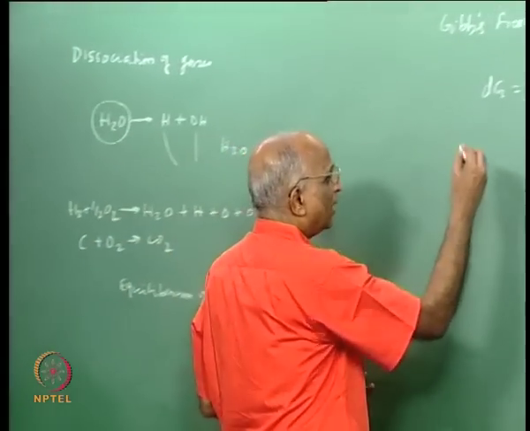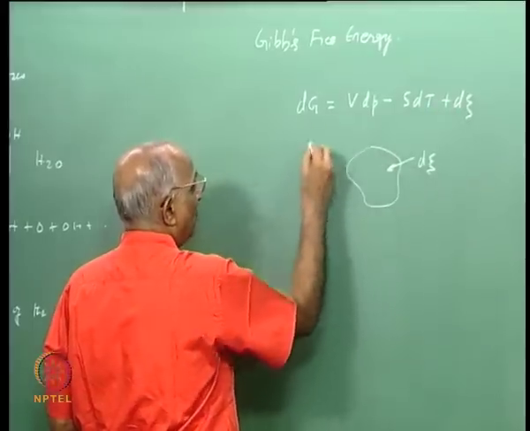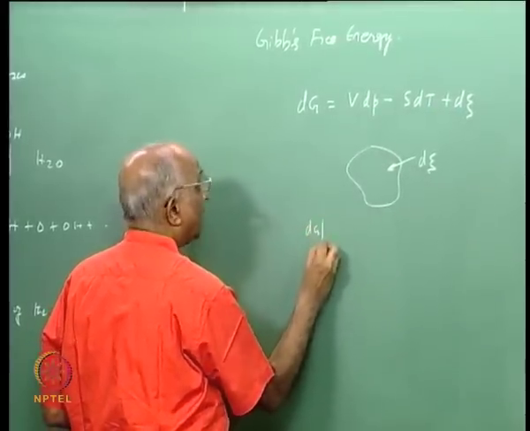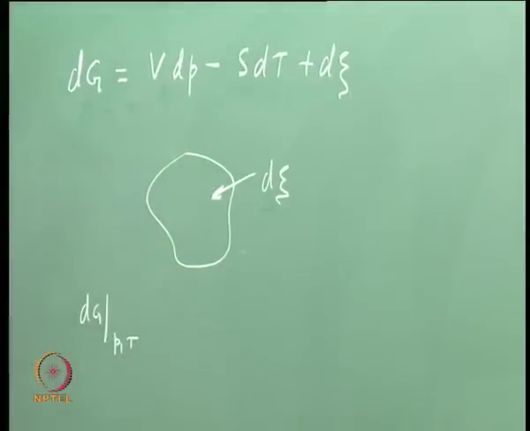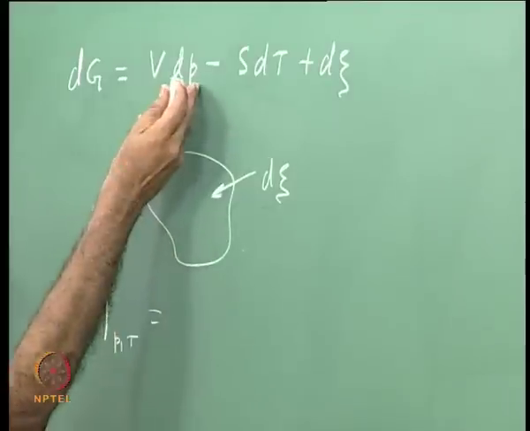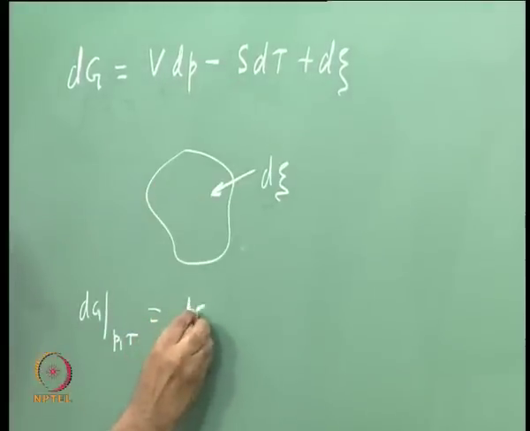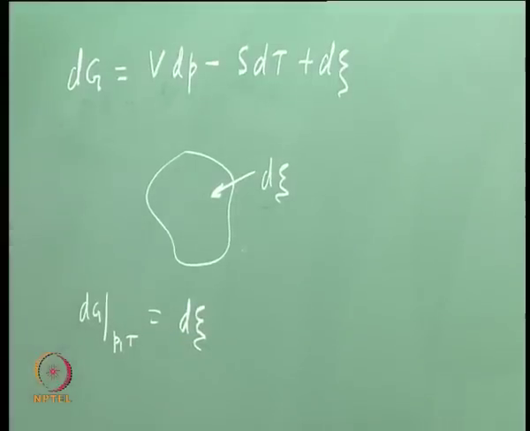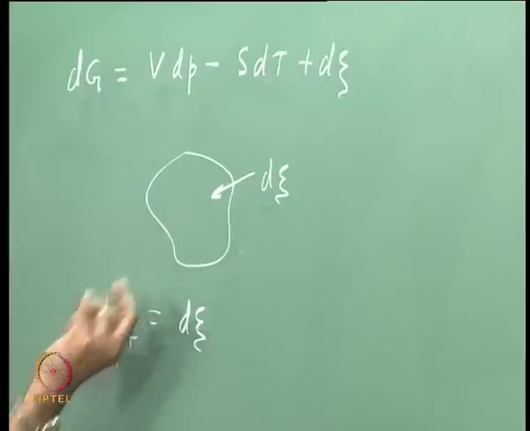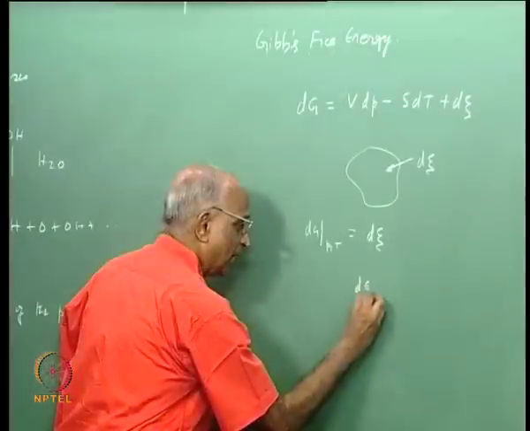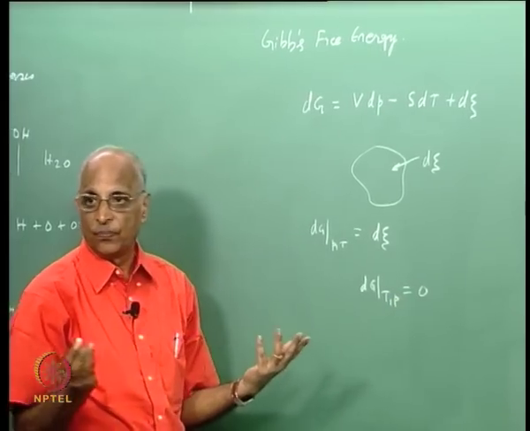Namely, if d zeta, that is the non-PdV work, is 0 and we are looking at dG at, let us say, constant pressure and constant temperature, then what happens? This knocks out VdP, since dP is 0 at constant pressure, and SdT, since dT is 0 at constant temperature. I am left with the non-PdV type of work. And since no work is getting done on the system, for equilibrium we say the Gibbs free energy change at constant temperature and pressure is equal to 0.